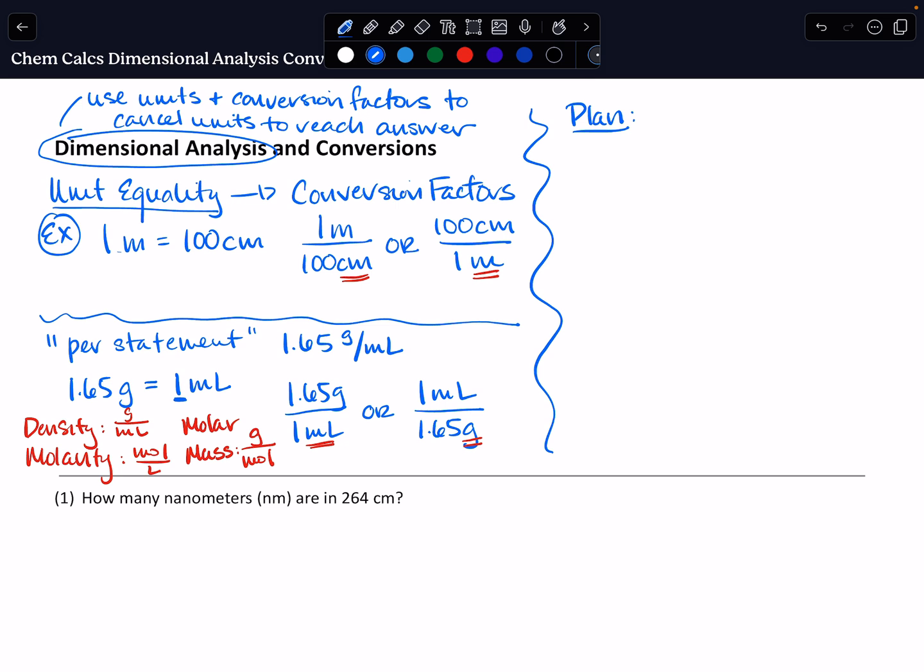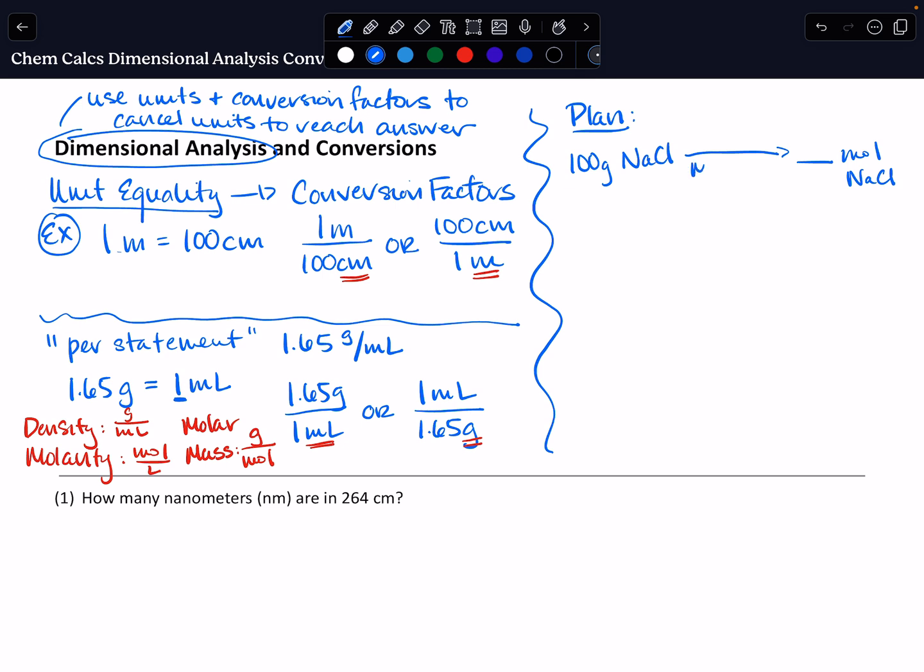Let's say, for example, that we're given 100 grams of NaCl, and I'm trying to determine how many moles of NaCl I have. So I need to convert from grams to moles. I need a conversion factor that equates those two units, grams of NaCl and moles of NaCl.